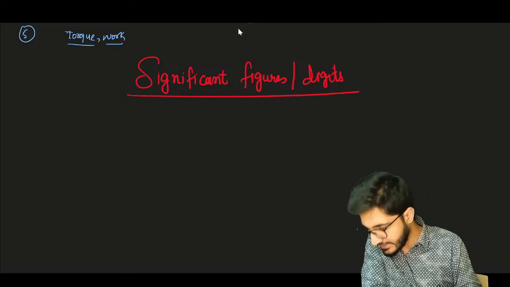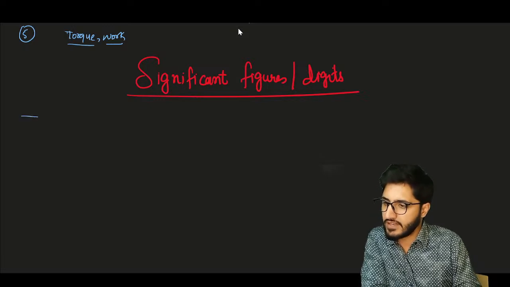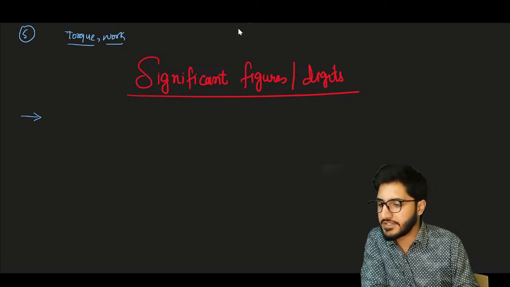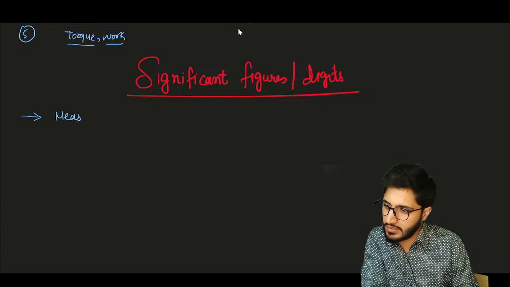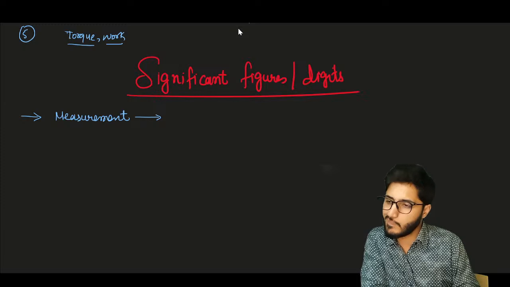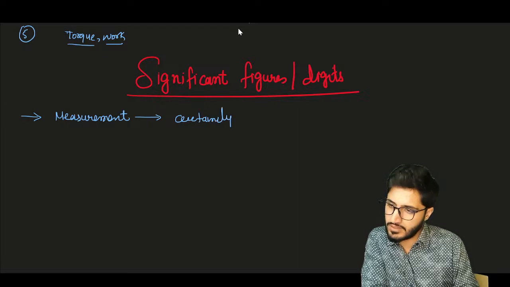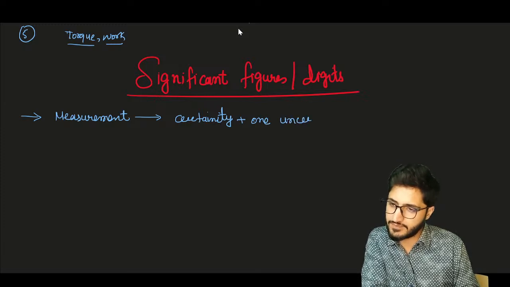A significant figure or significant digit is a measurement in which we have certainty plus one uncertain digit.